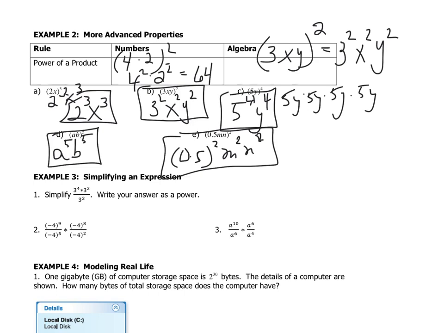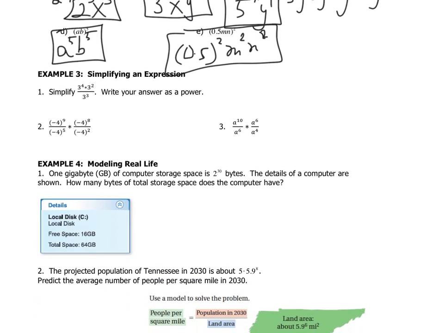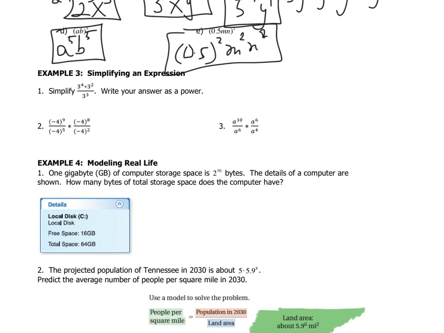So these next examples, what we're looking at here is now simplifying with several of them working together. And there's more than one way that you can do these. So in this first one, simplify 3 to the fourth times 3 to the second and then divide it by 3 to the third. Well, I'm going to use my MADSPAM rules here first to look at my numerator. If I focus on the numerator, I can see same base being multiplied, which tells me to add the exponents.